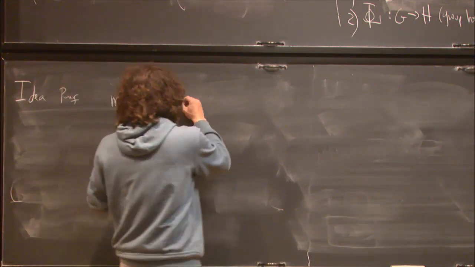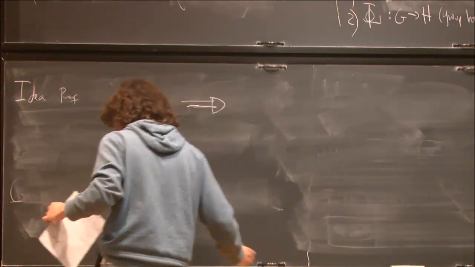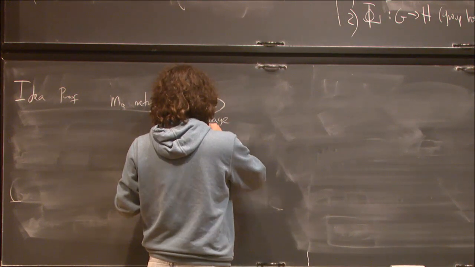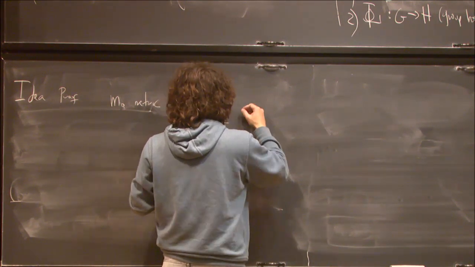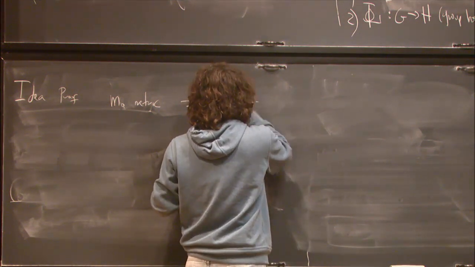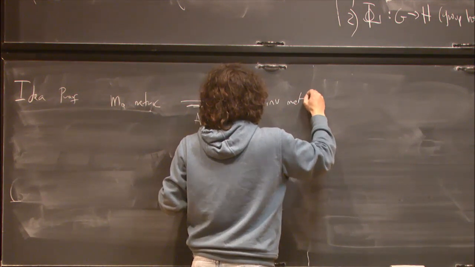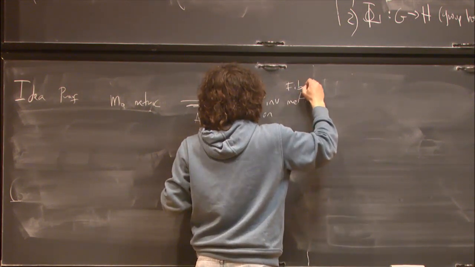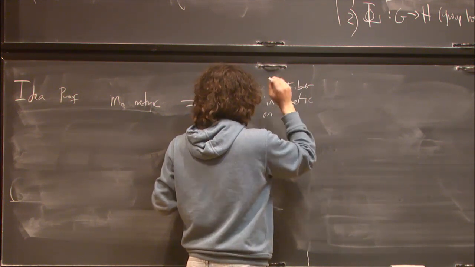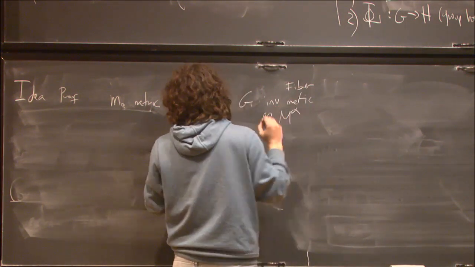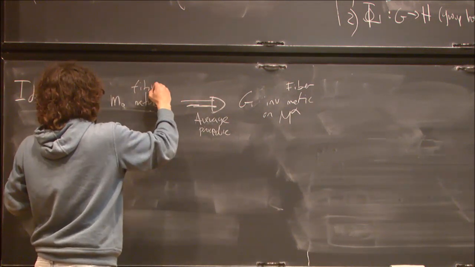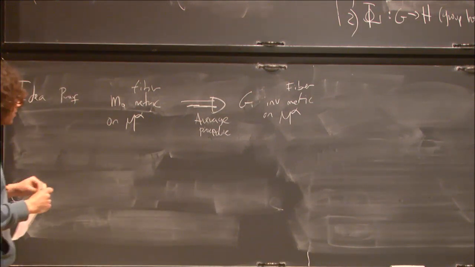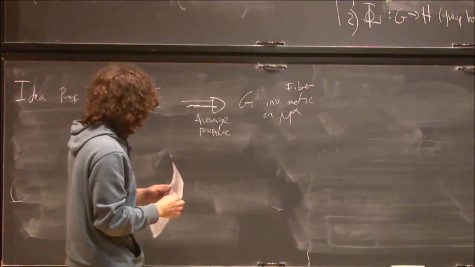But then some average procedure is going to give me a G invariant or gamma invariant metric on, well, I'll put it G invariant fiber metric, a metric on each fiber that I'll call fiber metric alpha on M. Okay, I'll start with a fiber metric alpha on M. But of course the problem is when you want to average.